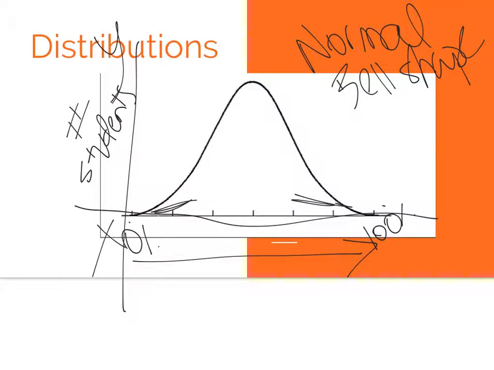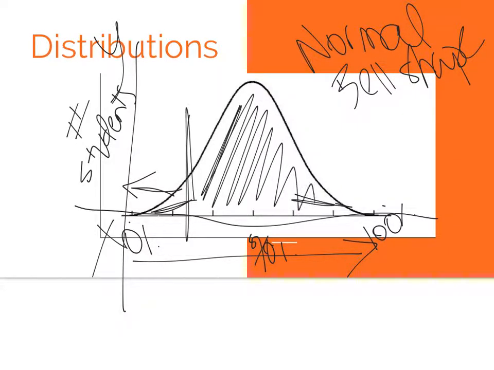So very few students performed very poorly, denoted by this area. But as we go into the mid scores, let's say here is 70, just to give you an example, or 50, more people are going to score towards the middle.